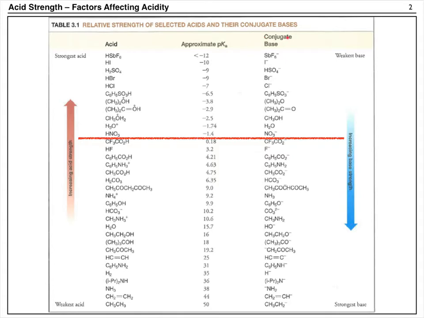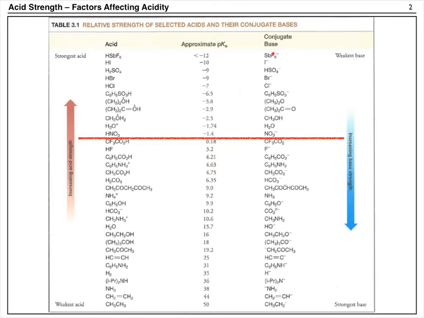The last column is the conjugate base. So essentially we can see for this acid we're removing an acidic proton. This acid is neutral, so the conjugate base bears a formal negative charge after deprotonation. And so as the inverse relationship, the strongest acid forms the weakest base.